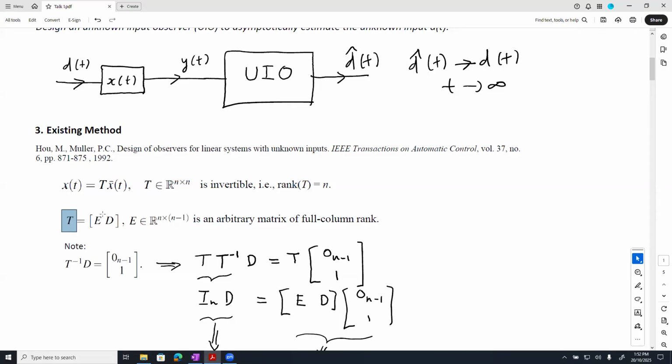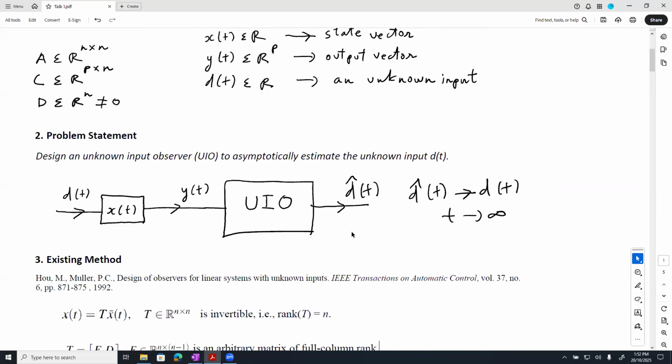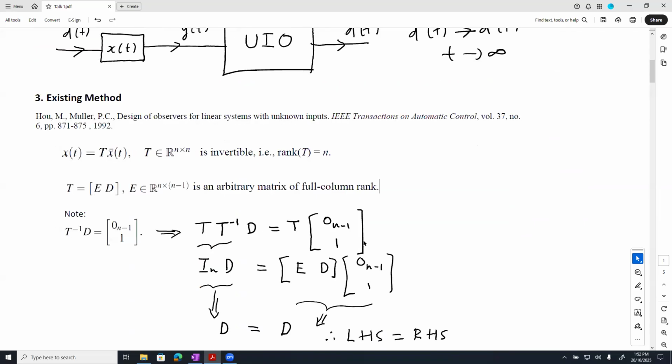In this composition, D is the input matrix from equation 1 here. Because D is a column matrix, E is of dimension n by n minus 1. Bear in mind that this is an arbitrary matrix of full column rank, chosen in such a way that T is invertible.